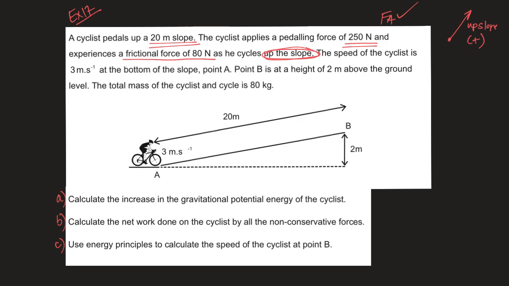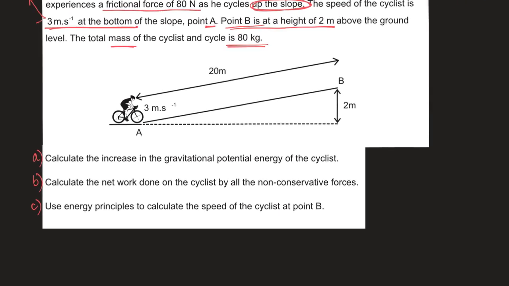The speed of the cyclist is 3 meters per second at the bottom. So I know that is my initial. The bottom is my initial at point A, and point B is at a height of 2 meters. So I've got height above the ground, and the total mass of the cyclist is 80 kilograms. My displacement I know is 20.